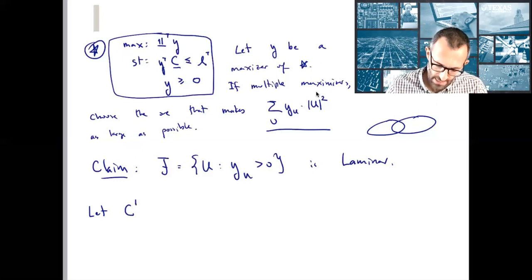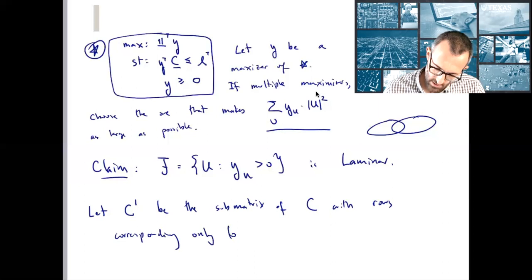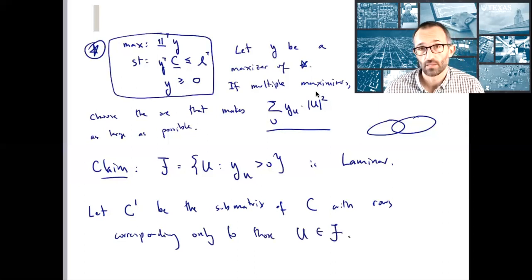So let C dash be the submatrix of C with rows corresponding only to those subsets U that happen to belong to this laminar family F. So this is C dash. I'm throwing away any row that doesn't correspond to something in F.